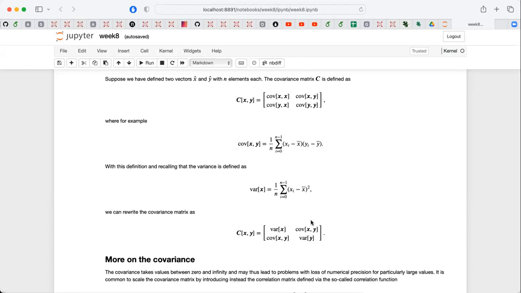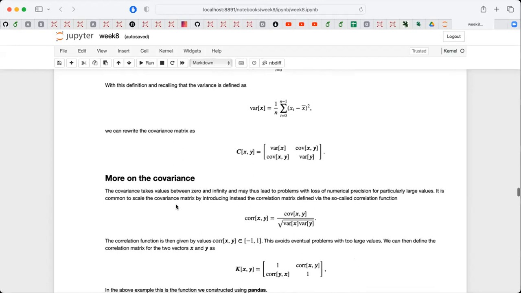And that means that if we have many features and many variables, we don't need to calculate the covariance for the whole matrix, but it suffices to take the upper triangular part. The covariance takes values between 0 and infinity, and it may thus lead to problems with loss of numerical precision, especially if you have large values.